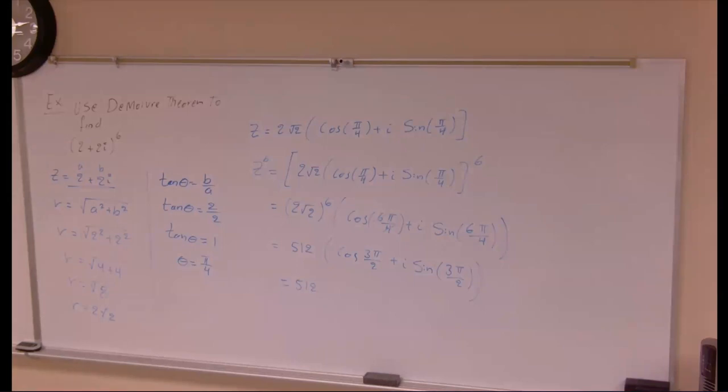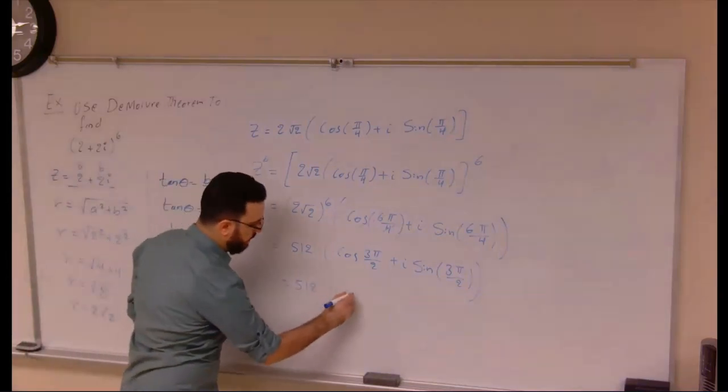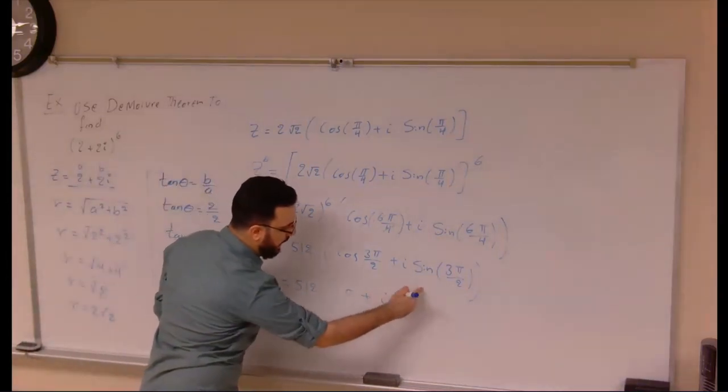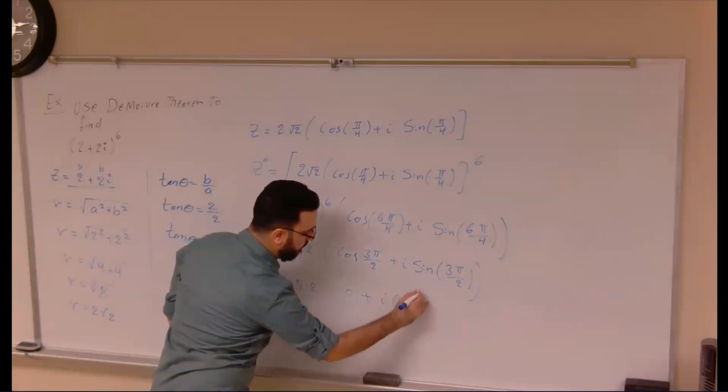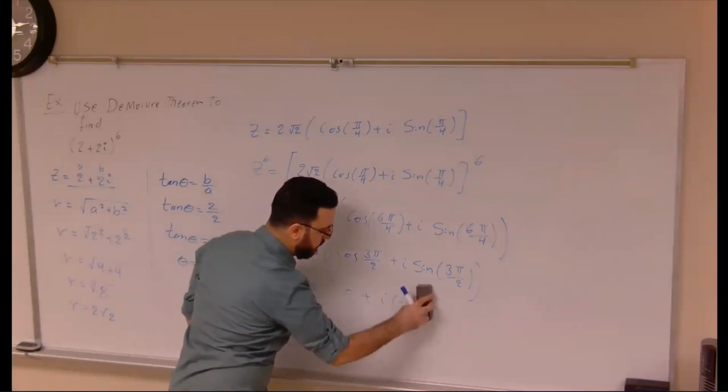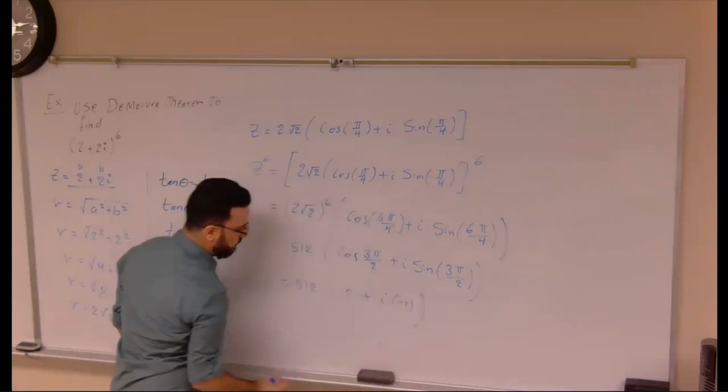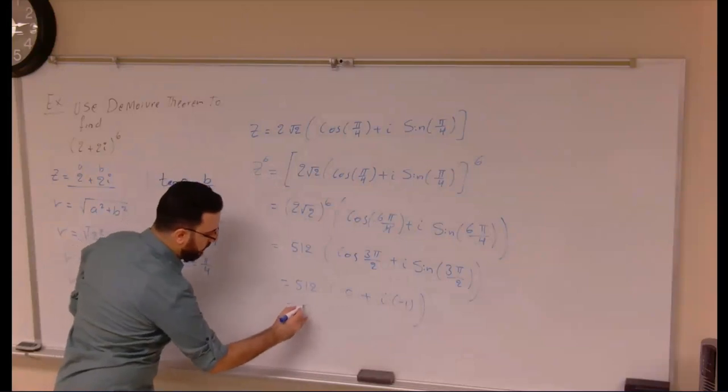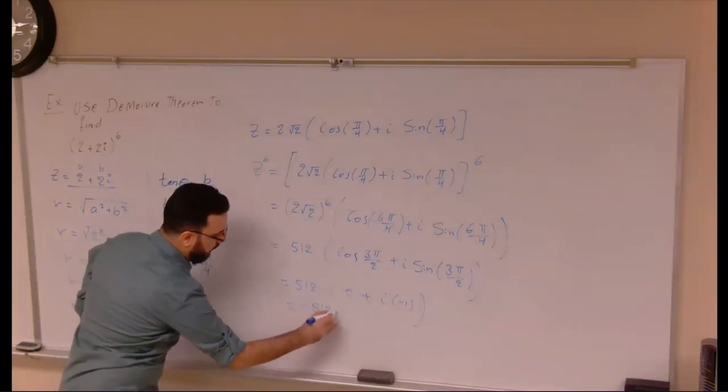The sine is going to be what? The cosine is 0 plus the sine is going to be -1. So the result is going to be negative 512i.